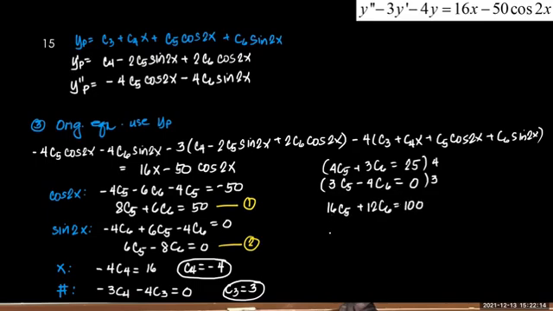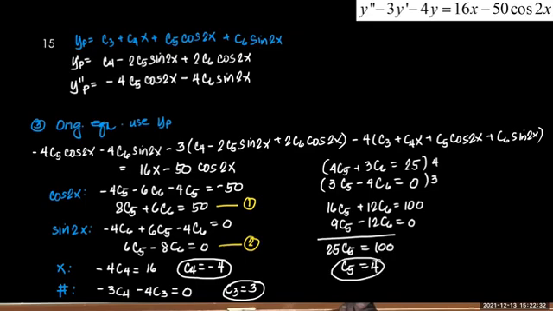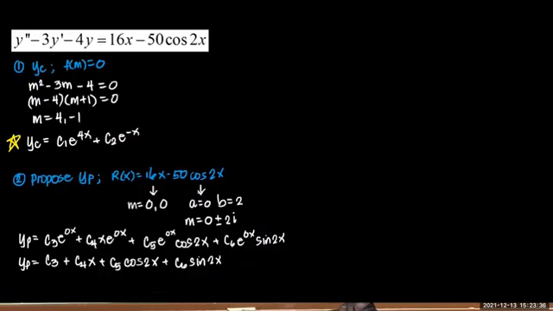In here, that's 9c5 minus 12c6 is 0. So I'll end up having 25c5 is 100. Therefore, c5 is equal to 4. If c5 is equal to 4, c6 is equal to 3. Am I correct, guys? I divided it by 2 first. Okay, thank you. And then times 4, times 3.